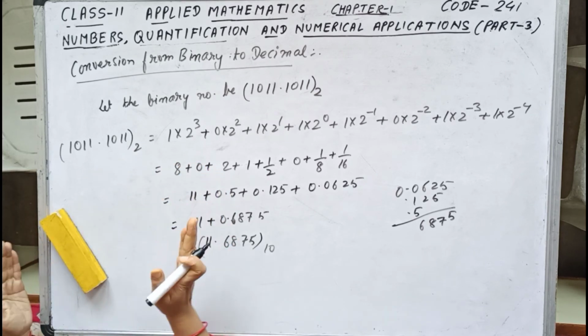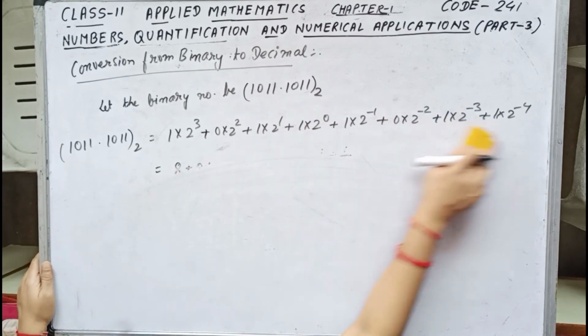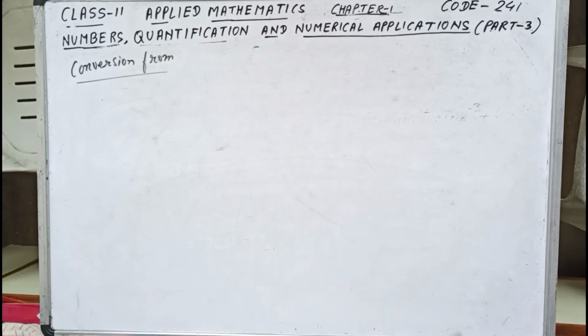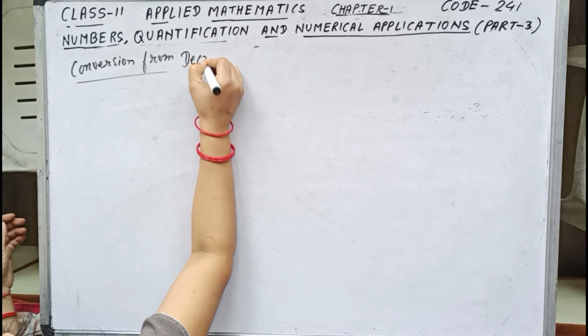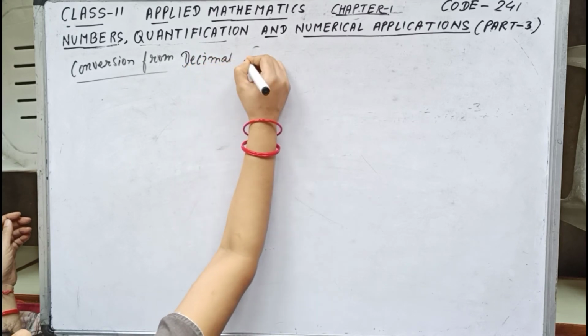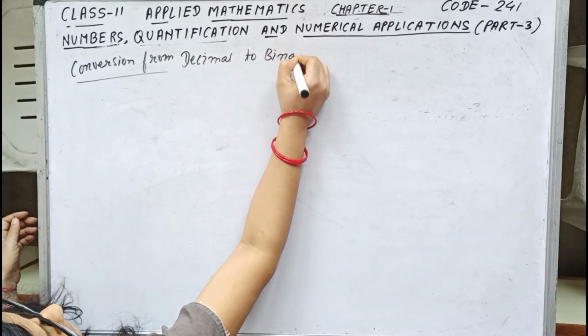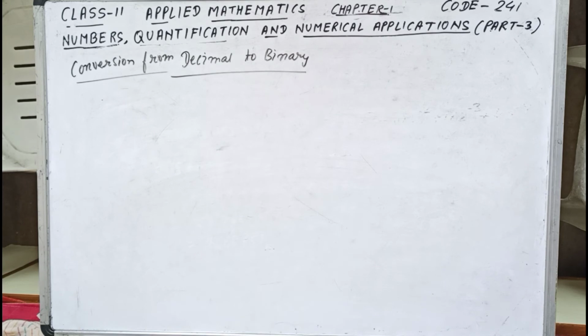Now let us understand conversion from decimal to binary. This I am explaining with the help of an example only.